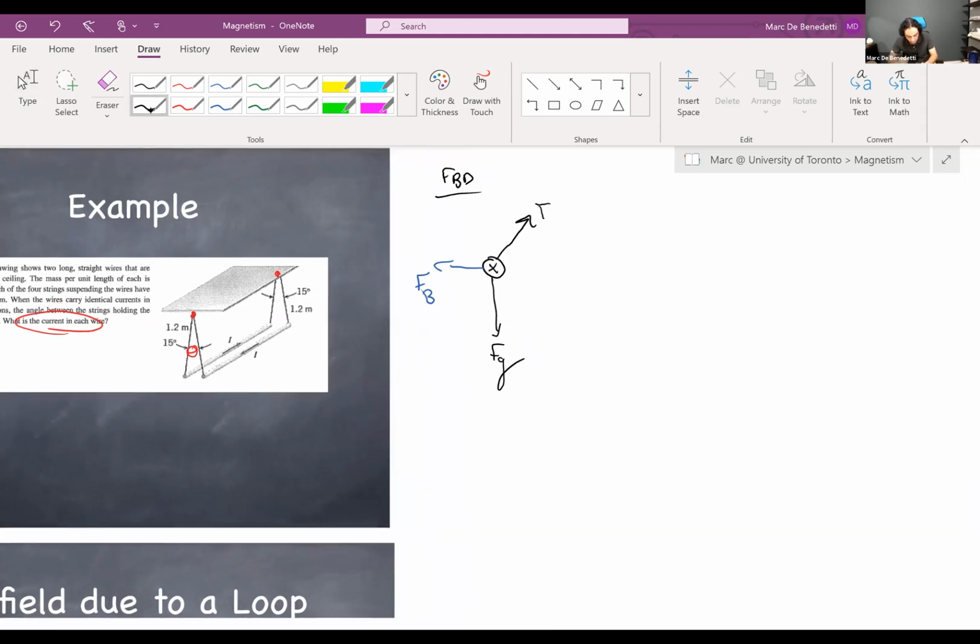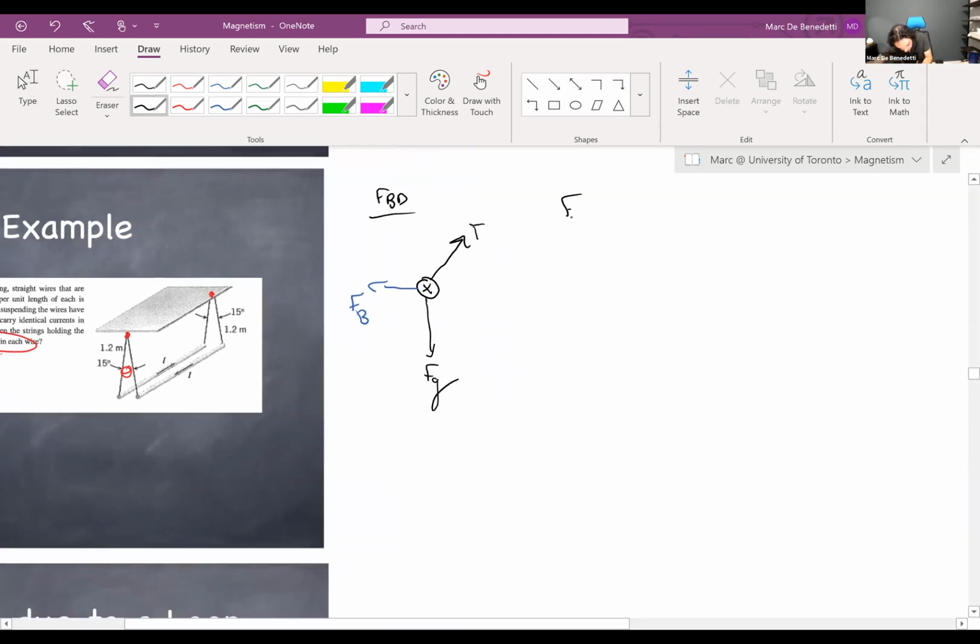And then we move on over to F net equals ma. And we are in equilibrium, so the acceleration in this system is 0. And we note here that it's two-dimensional. So there's an x and a y. So we have to do F net equals ma twice. So let's start with y, because we have to start somewhere.